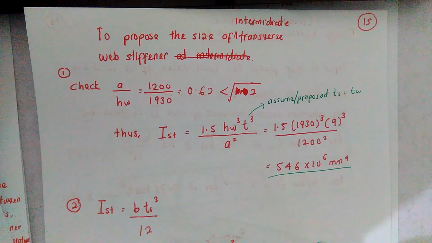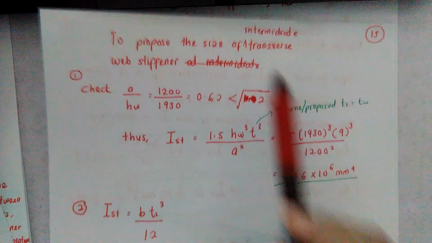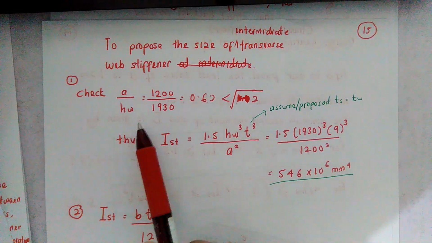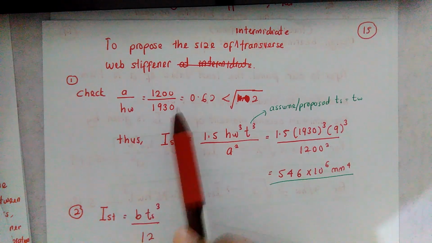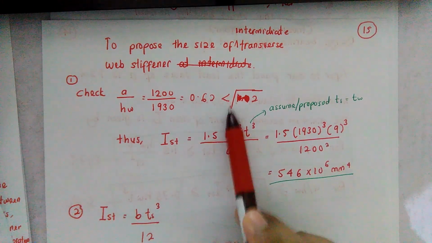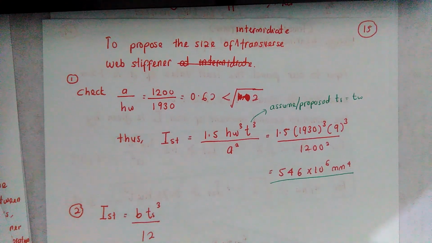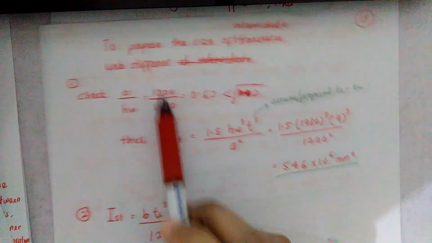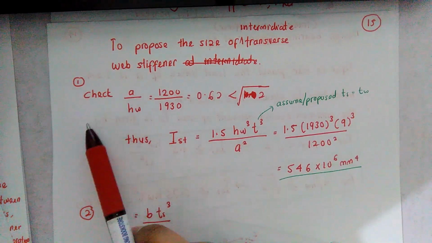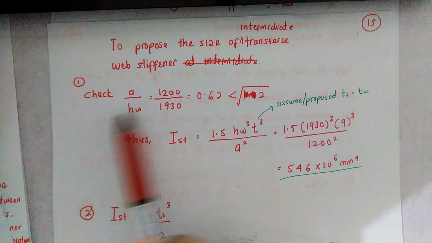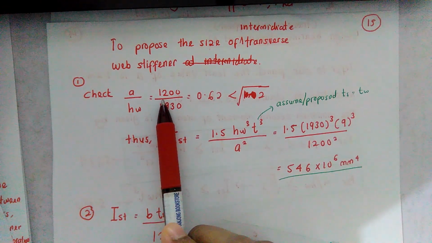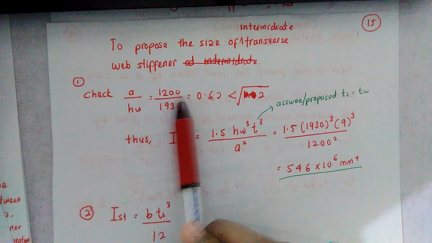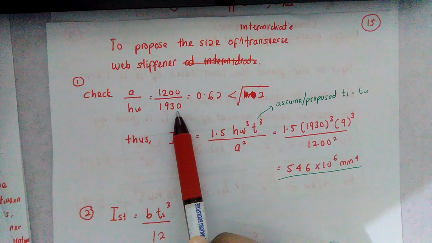As mentioned earlier, to propose the size of the intermediate transverse web stiffener, first we need to check whether A over HW is larger or lesser than square root 2. A is the distance from the support to the web stiffener, so A over HW is 1200 over the height of the web, which is 1930.